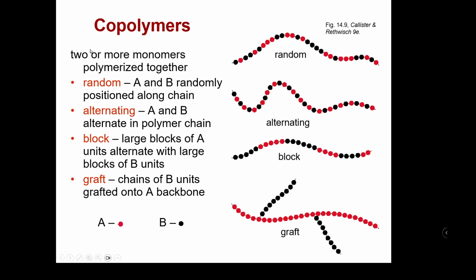So, copolymers are two or more different types of monomers polymerized together. Random means A and B, no discernible sequence. Alternating means A and B in order. Block means large blocks of A units alternating with large blocks of B units.